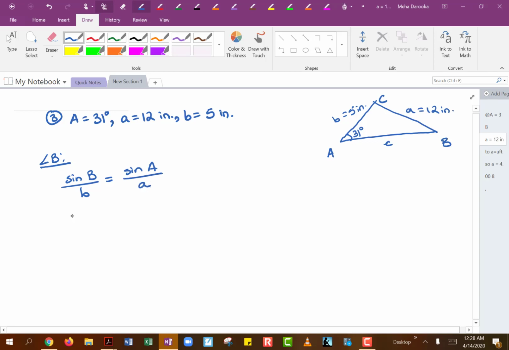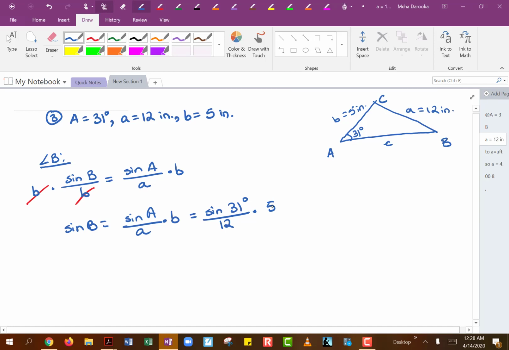So we know we need to get sine of B by itself. So we can go ahead and multiply side B on both sides. Get sine of B by itself, and then you have sine of A divided by side A multiplied by side B. So let's see, sine of angle A is 31 degrees. Side A is 12 inches. Side B is 5 inches.